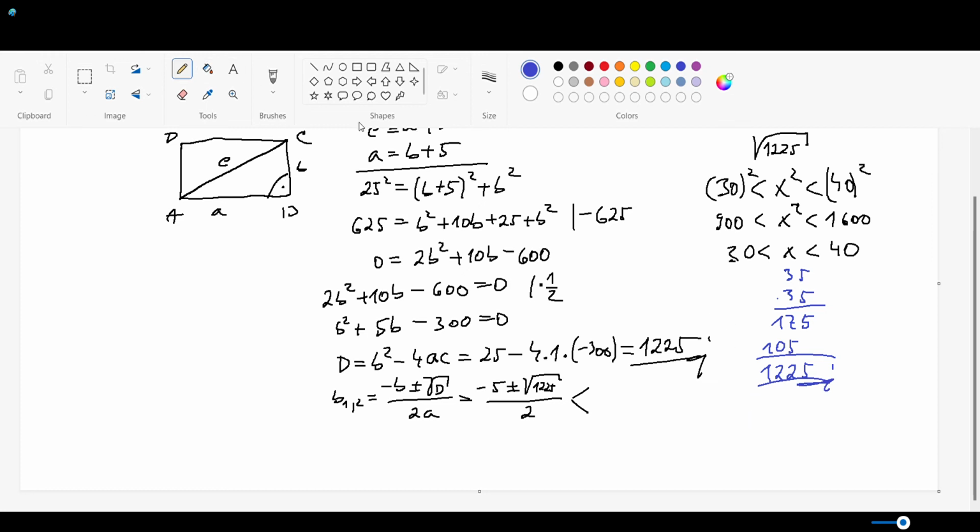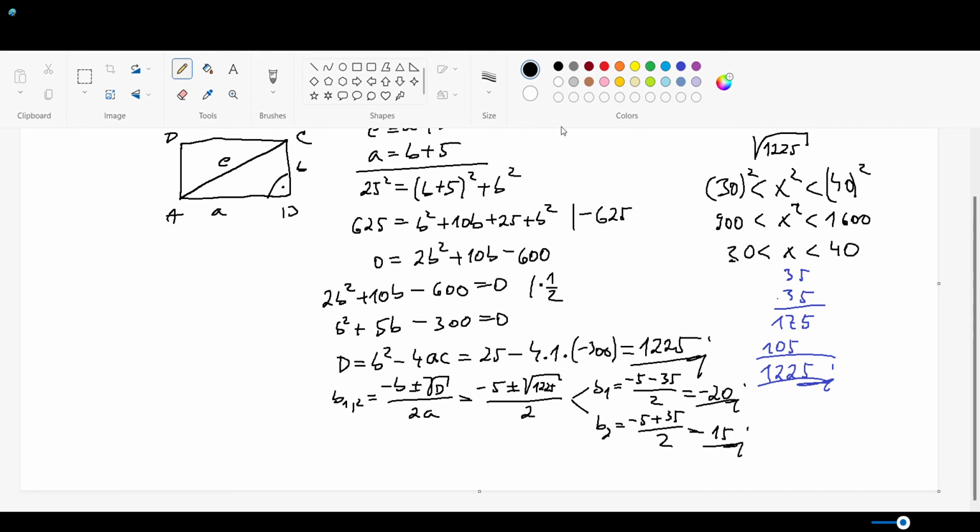So the roots of my quadratic equation: b1 equals negative 5 minus 35 divided by 2, and b2 equals negative 5 plus 35 divided by 2. In this case, b1 equals negative 20 and b2 equals 15, because 30 over 2 is 15.